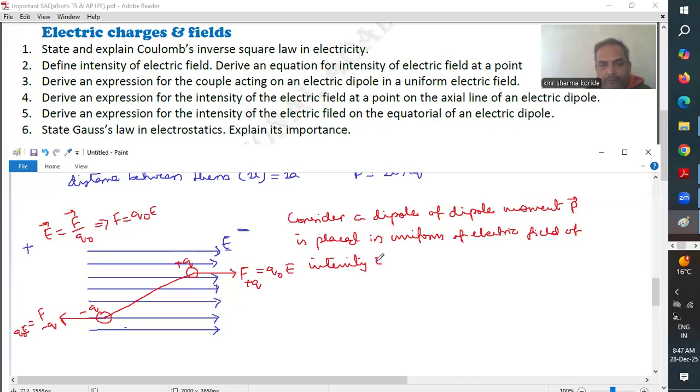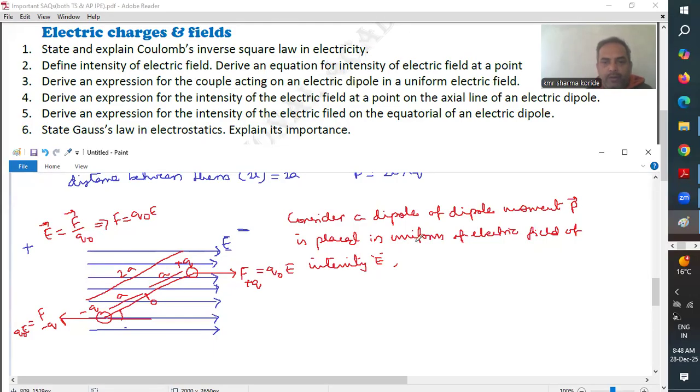Let theta be the angle. This is the center of the dipole. The distance between the two charges of the dipole, as we mentioned, is 2a. Either side is a. From here to here it is a, from here to here also it is a.